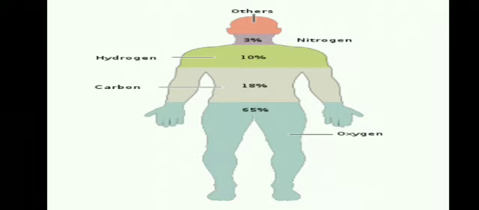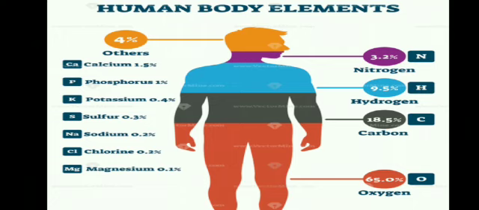Oxygen is the main element present in the human body, and then nitrogen, carbon, hydrogen, and others. The others include calcium, phosphorus, potassium, sulfur, sodium, chlorine, and magnesium. These are present in trace amounts in the human body, whereas oxygen plays a major role, and then carbon, hydrogen, and nitrogen.